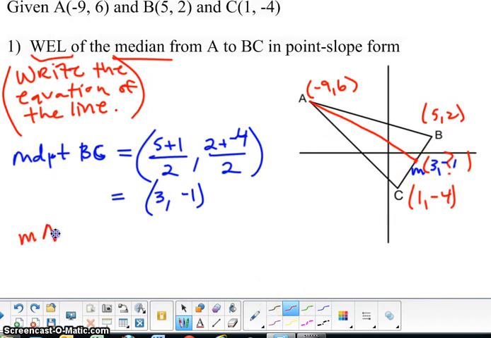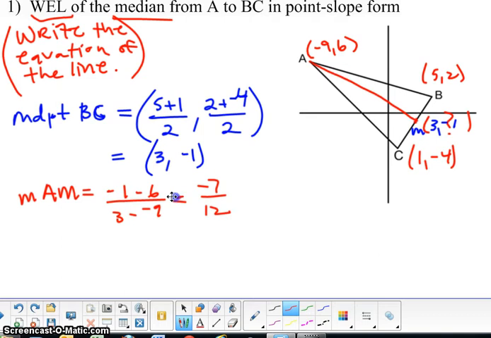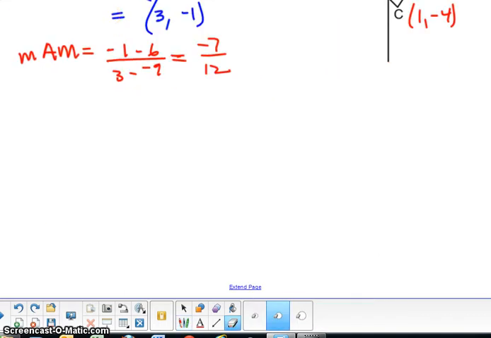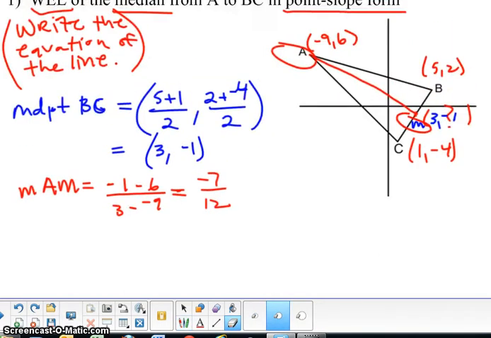So slope of AM is going to be the change in y over the change in x to give us negative 7 over 12.